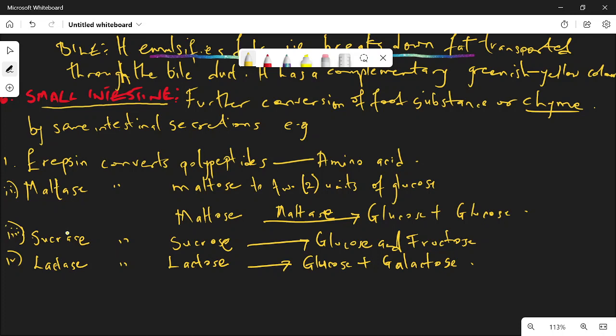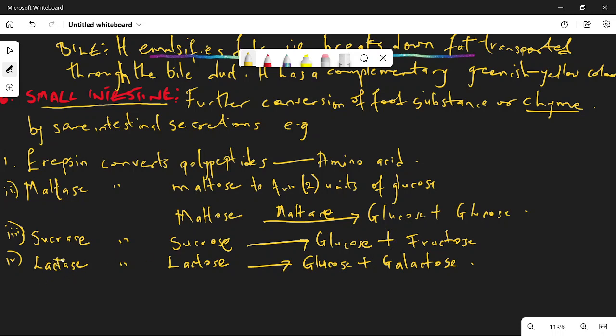And then we have the third one, which is sucrase. Sucrase converts sucrose to glucose and fructose. Are we together? It converts sucrose to glucose plus fructose. And lastly, we have lactase.